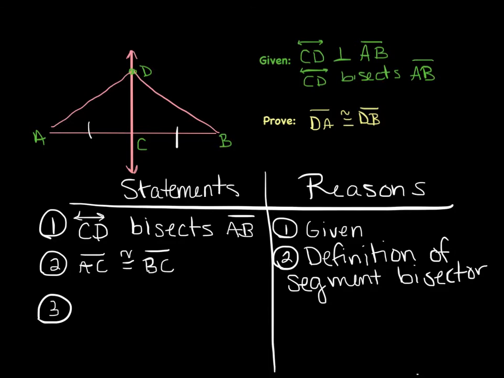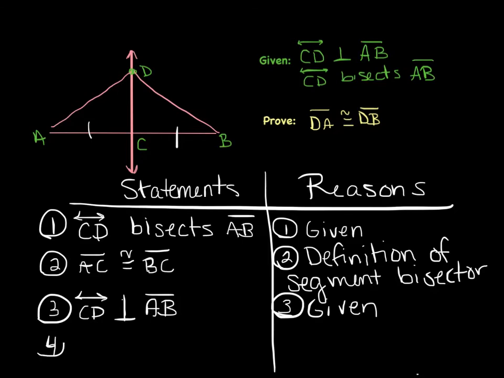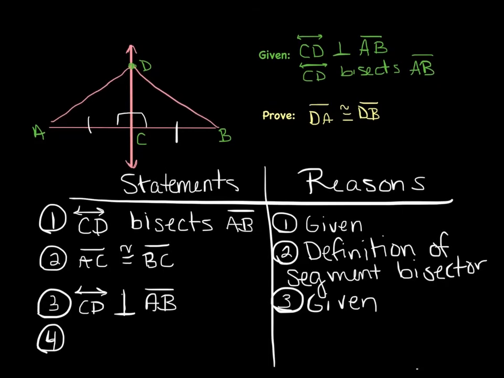Okay. And now I've done everything that I can with that, so let's use our other given. CD is perpendicular to AB, which is another given. Okay. And as soon as I see that perpendicular symbol, that says to me something about those angles.